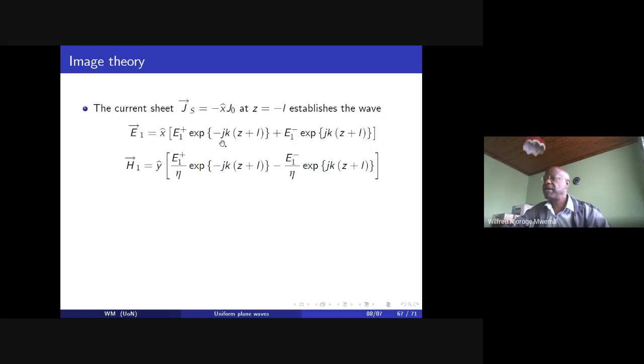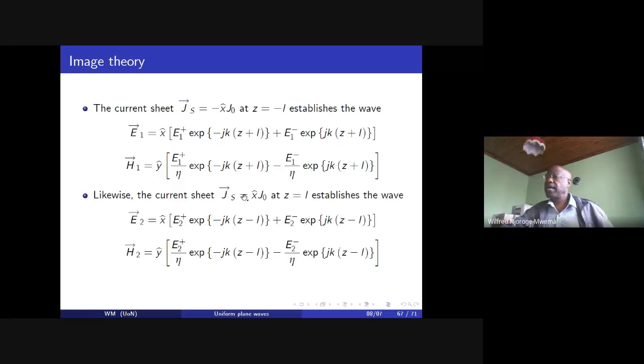And that's why we have minus JK (Z plus L). And then here we have the backward moving wave, which is JK (Z plus L) at that point. So that at the position of the current sheet, this Z plus L is equal to 0, so that we are exactly at minus L. And the magnetic field H1 will be given likewise in that form.